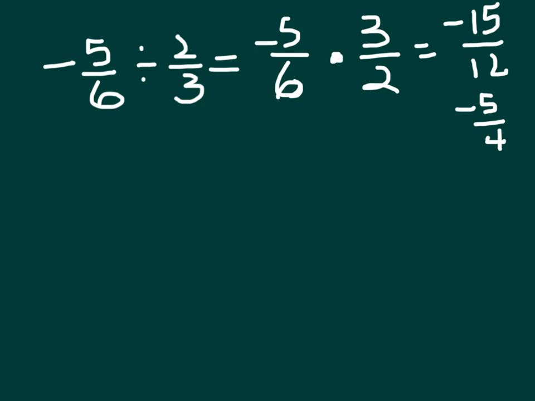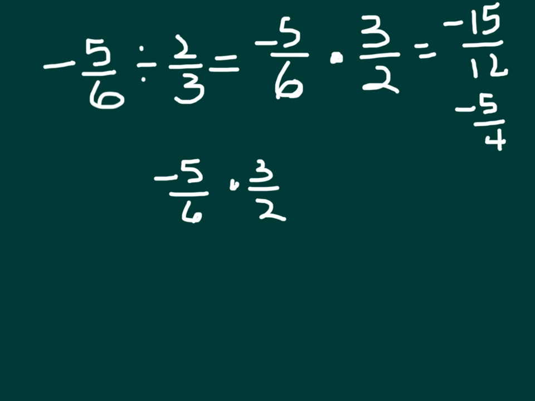Now, the other way to do it is negative 5/6 times 3/2, which is what we have right here after we've made our change. We started out with divided by 2/3, and we changed it to times 3/2. Now, let's look at the different way to do it.